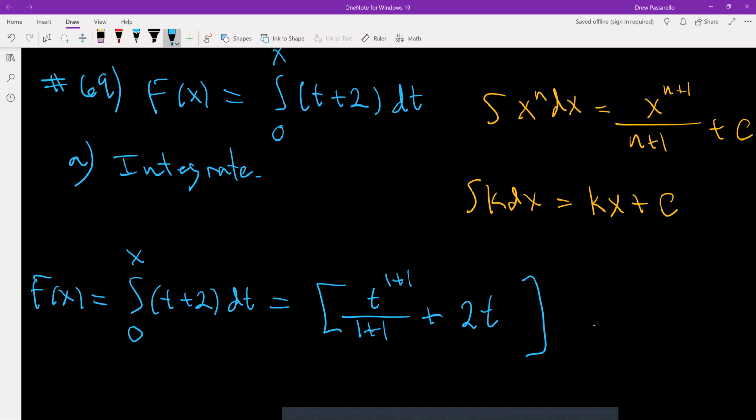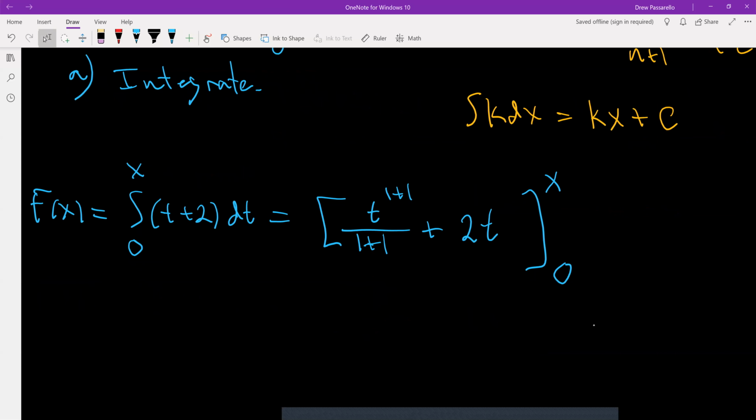And that's the antiderivative, and we evaluate with our bounds, lower limit of integration 0, upper limit of integration x. So this is equal to, and I like to write mine as just 1/2 t squared plus 2t, from 0 to x.